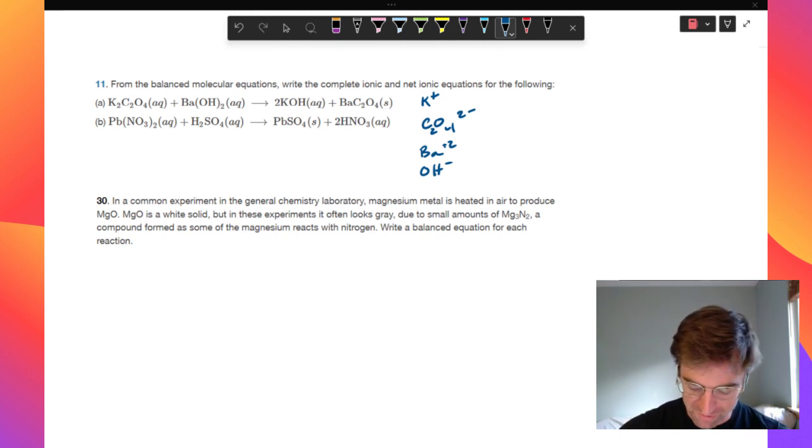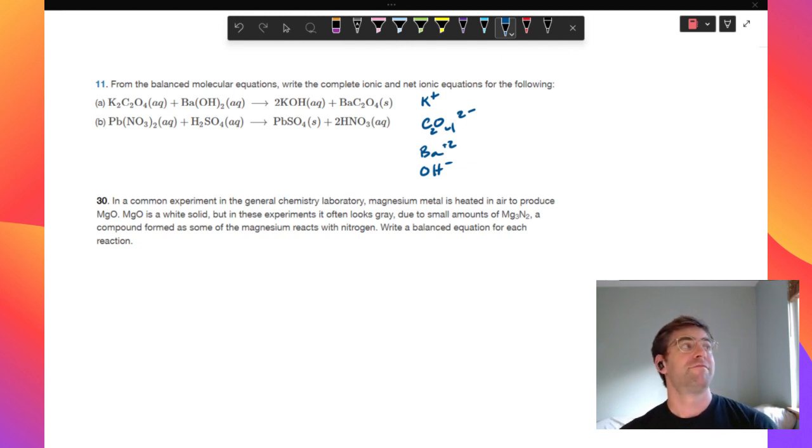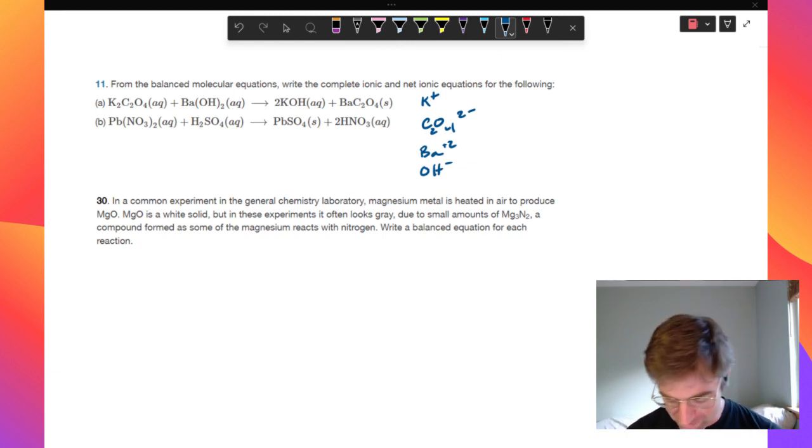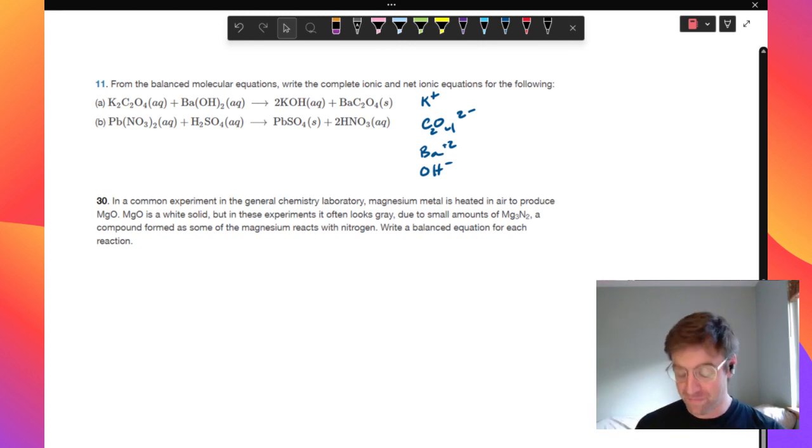I think I may have told you last week or the week before that I didn't bother to memorize a lot of these, and I really should have. Oxalate? I don't think I would expect you to know that. Anyway, so C2O4 is its own species. It has a 2 negative charge, which we can infer because there are 2 potassiums bonded to it. So that can be your starting point there.